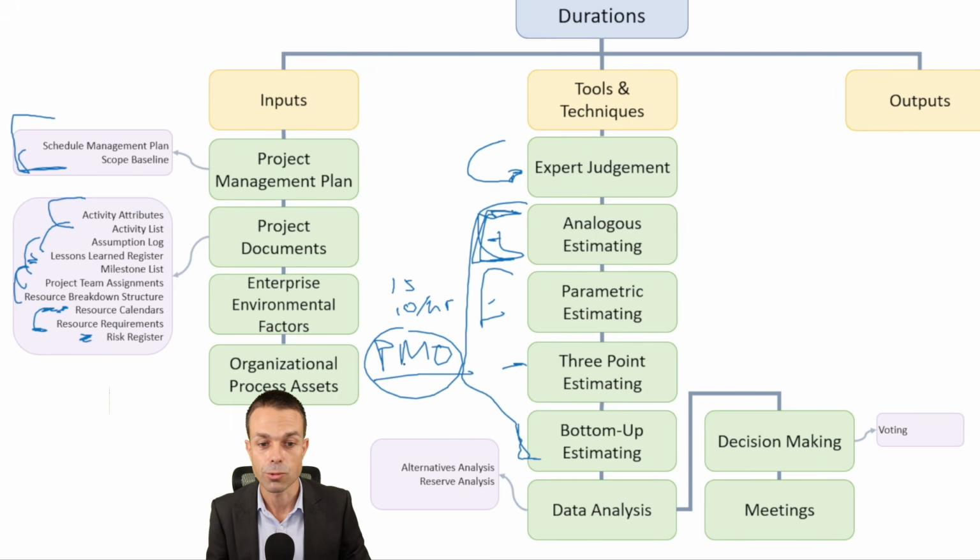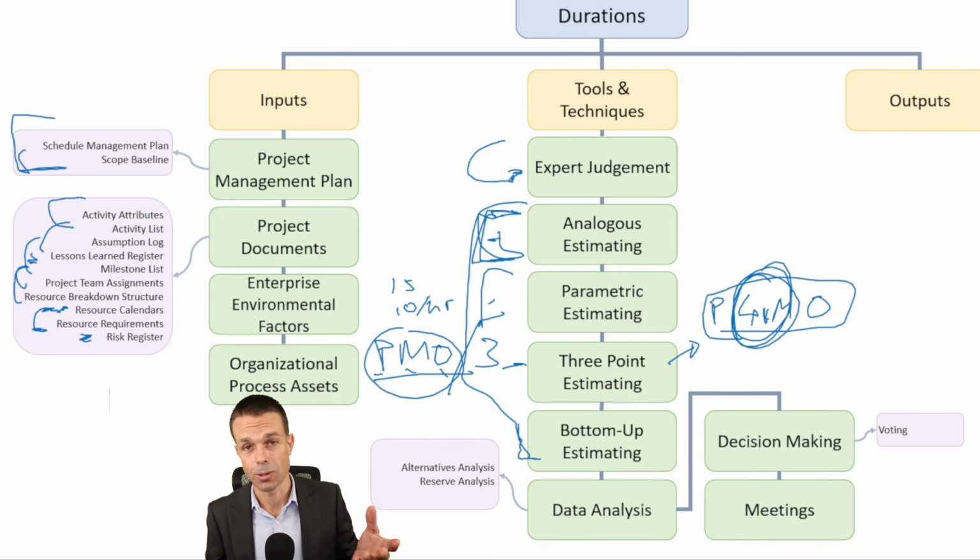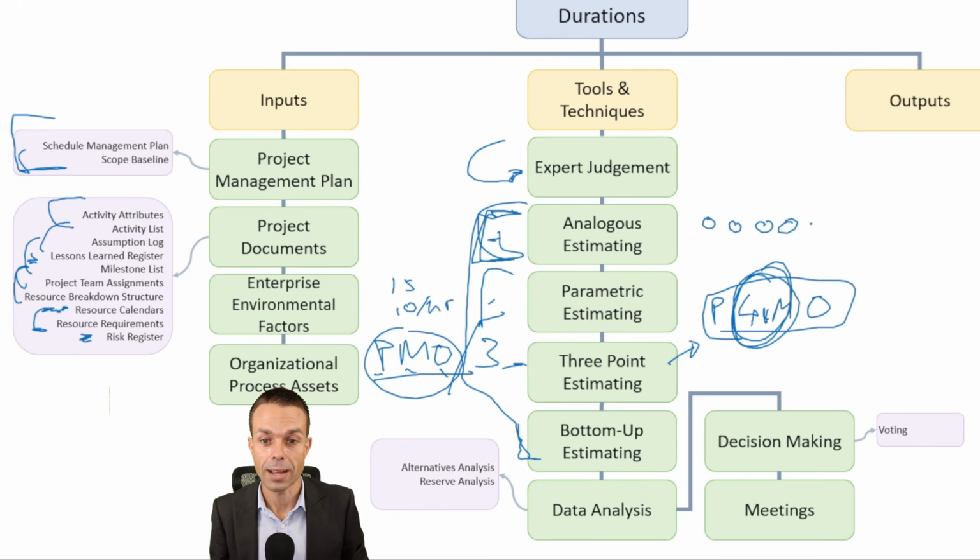And we get all those three together and we just divide it by 3. It's just an average, basically. And again, we go into all the detail in the project management professional course, but that's just one way to do it. Bottom-up estimating is gathering all of the work packages and then gathering them up to the next level, and then those levels to the next level until we have an overall project budget.